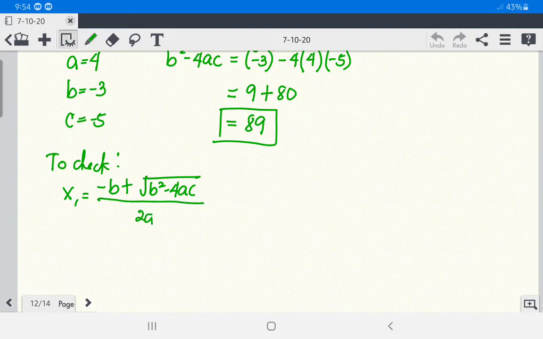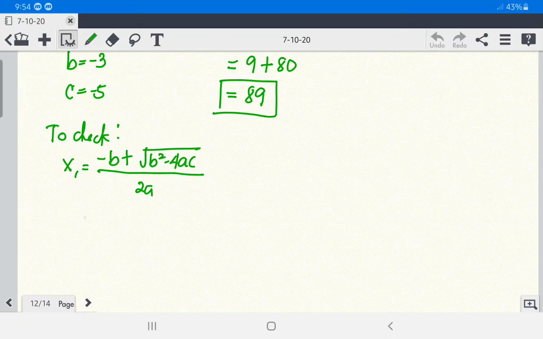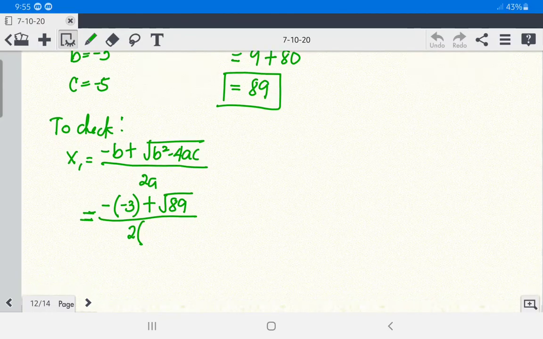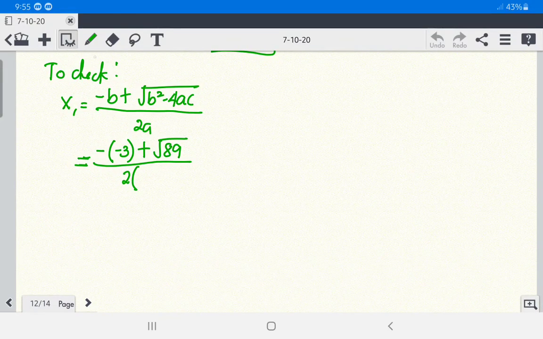Then we have negative of negative 3 plus square root of the value of the discriminant, which is 89. So we will just write here 89, over 2 times the value of a, which is 4.